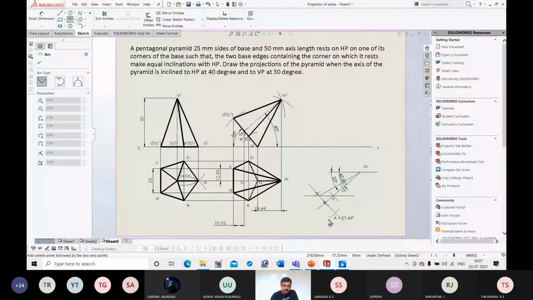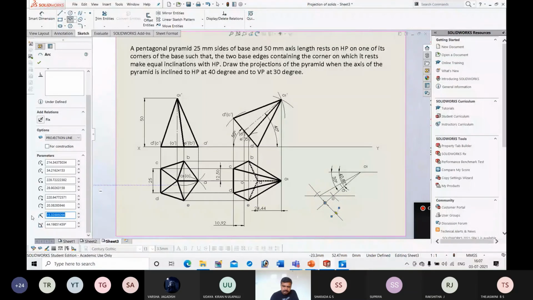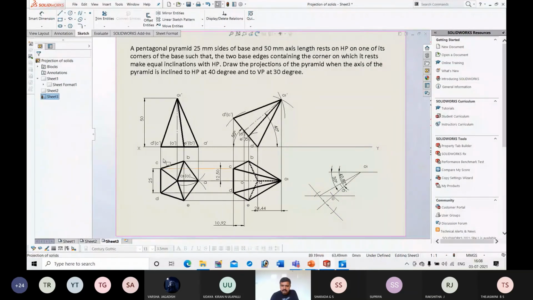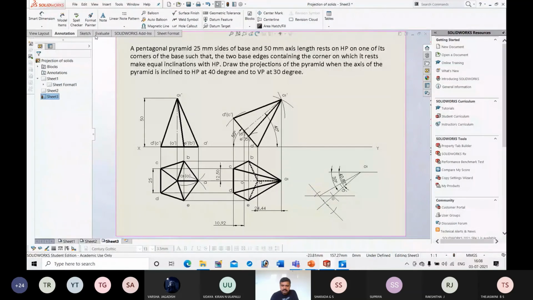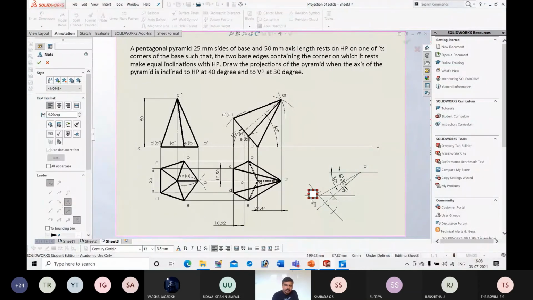Radius will be 12.5. Then I will name these points. So this is point C and this is point D.